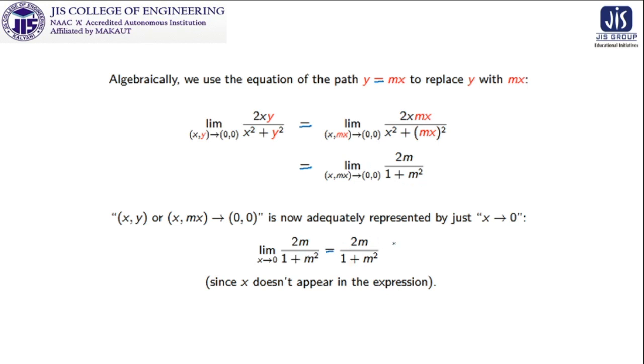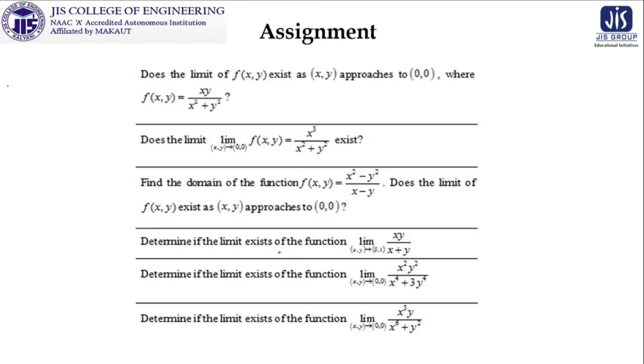It is independent of x, so it is 2m by 1 plus m squared. But unfortunately it depends on m. As it depends on m, from various directions the limit of this function will be different, so it will not exist. We will be discussing this in the next class.